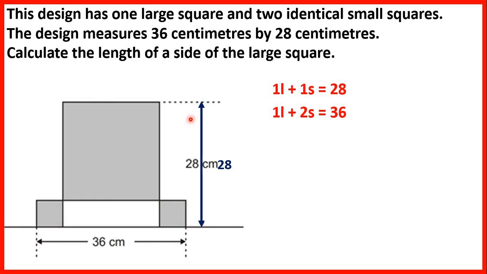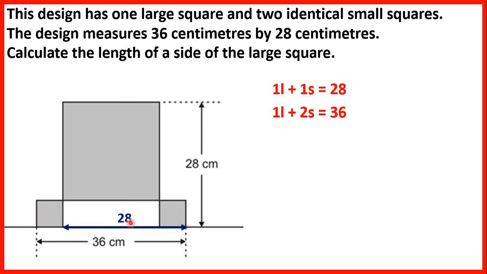So we can take the length of 1 large square and 1 small square, and if we rotate it and move it down, we can see that it's the same size as 1 large square and 1 small square here, because remember, squares will have sides that are all the same length.